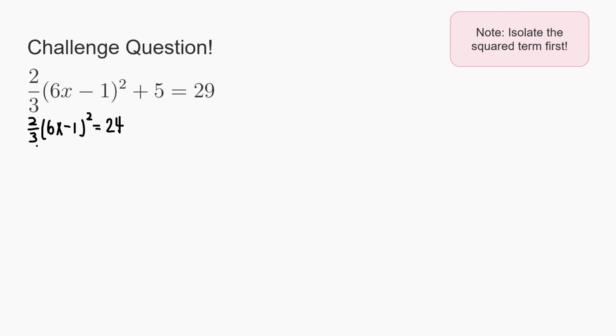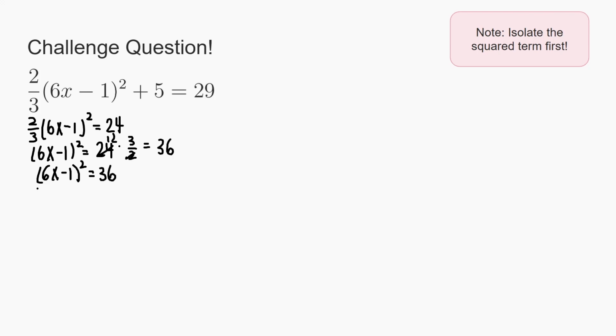Now, let's multiply both sides by 3/2 to get (6x minus 1) squared equals 24 times 3 divided by 2, which is equal to 24 divided by 2, which is 12, times 3, which is 36. We have (6x minus 1) squared equals 36.